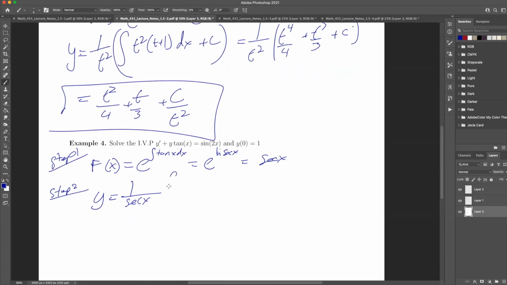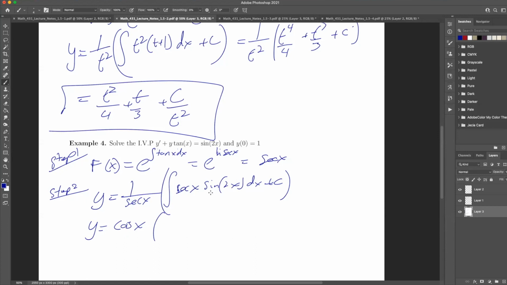So here would be the integral of secant x times r, which is sine of 2x, dx plus c. Let me put this all in parentheses. We crunch through this, so here I get 1 over secant of x. Hold on, let's just make that 1 over secant of x just cosine x. Just make our life easier.